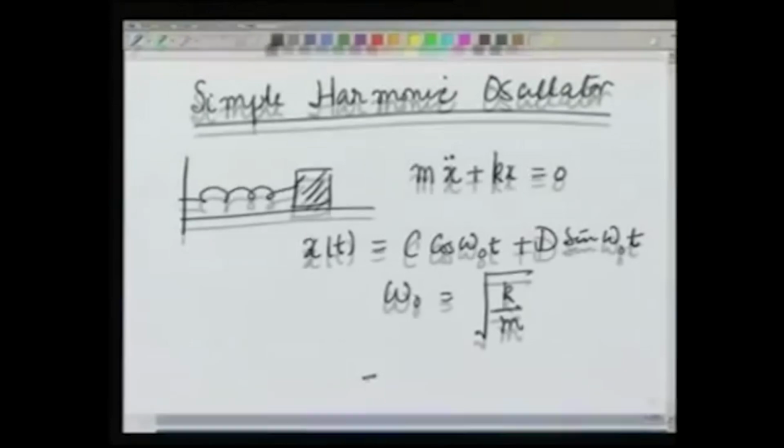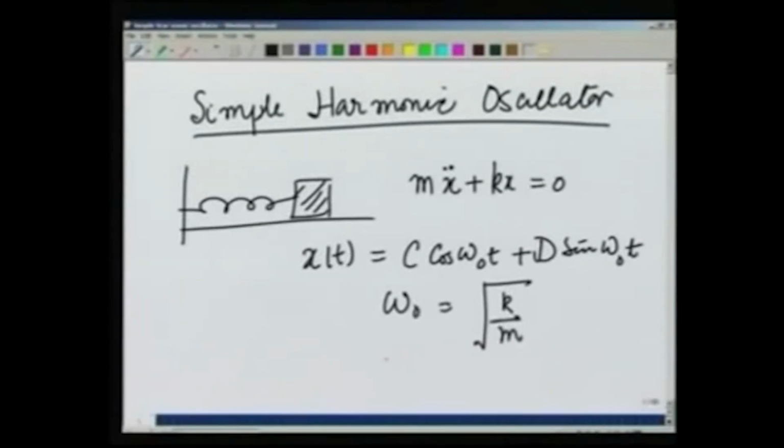The solution can equivalently be written as an amplitude times cosine of omega 0 t plus phi, where the constants A and phi are determined by the initial conditions.